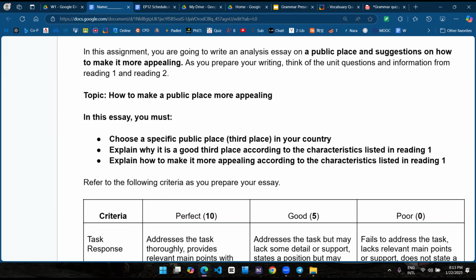So you will need to write 2 body paragraphs. In 1 body paragraph, you need to explain why it's a good third place.